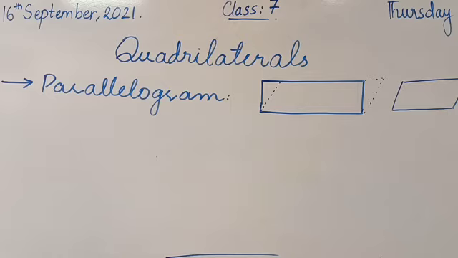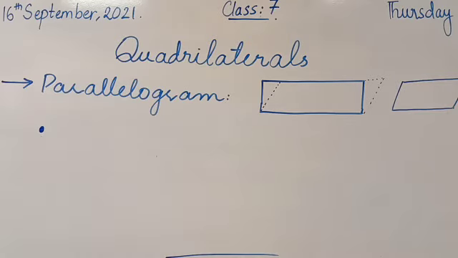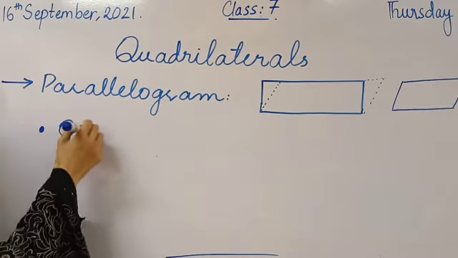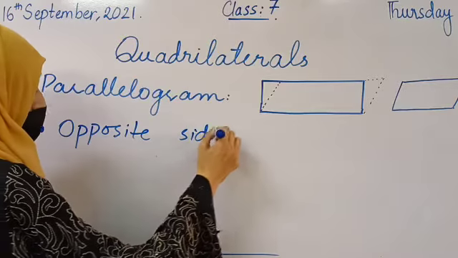Now let's talk about its properties. What about its sides? A rectangle has two pairs of opposite sides which are equal. So in a parallelogram, these opposite sides are also equal. So there is a similarity, and it is also a property of a parallelogram that opposite sides are equal.